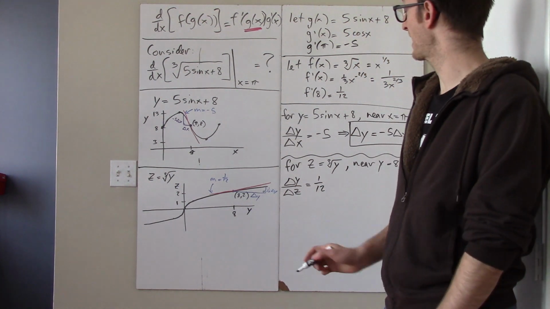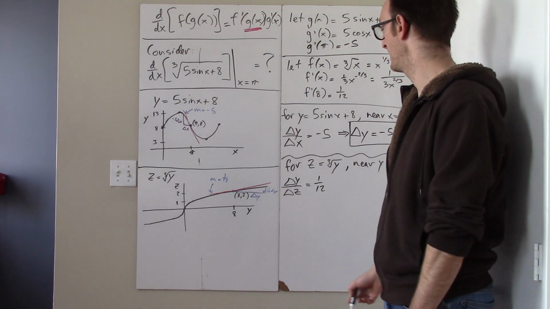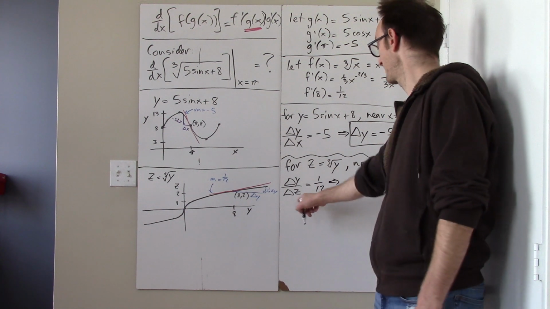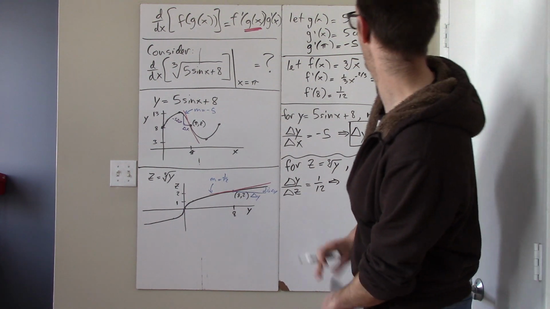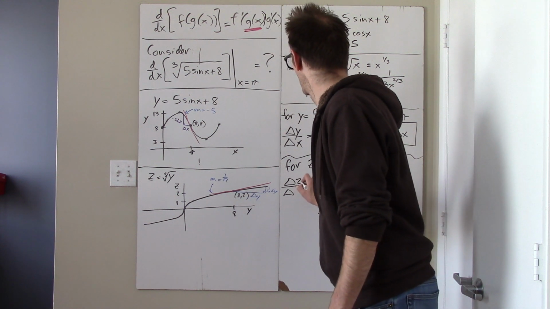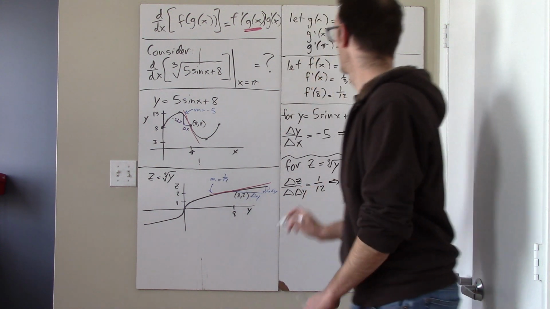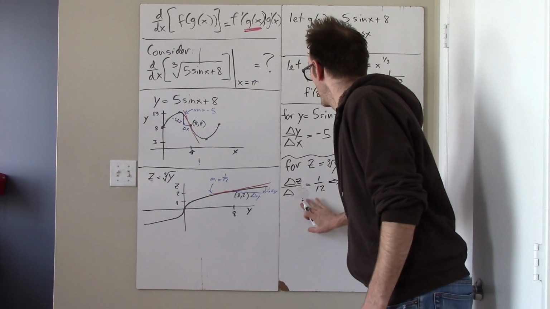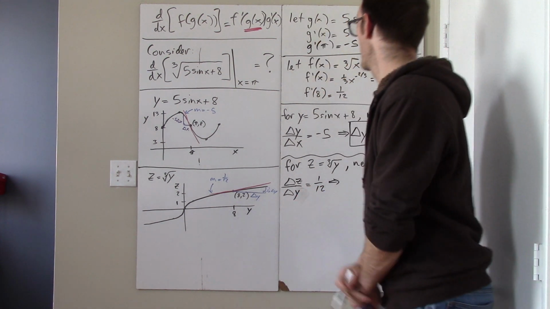I got that wrong, sorry: it's the change in z over the change in y that is 1/12, is what I meant to say.